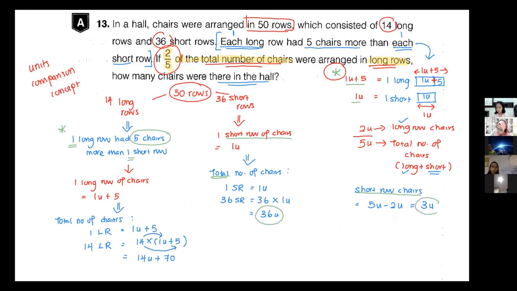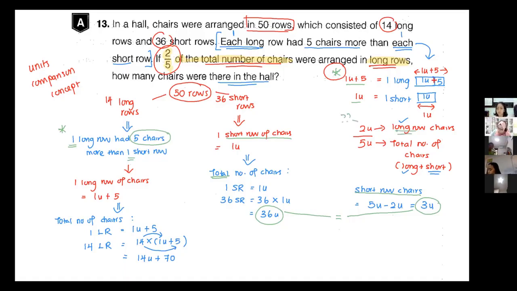Here they're trying to say it is 3 units. So I can conclude that these two are the same. This is where we are comparing the units. So if I know my 3 units is 36 short row chairs, I can go on and find my 2 units, my long row chairs.